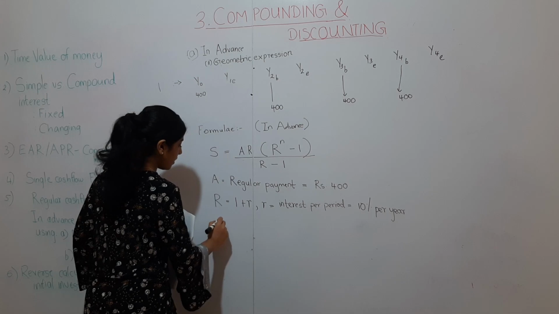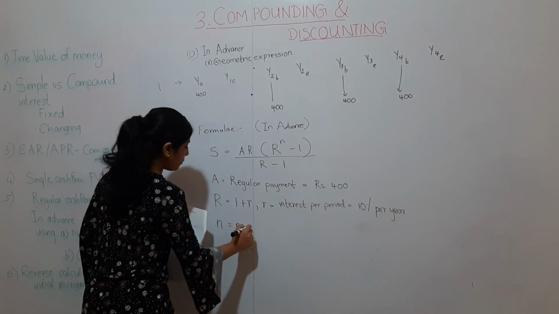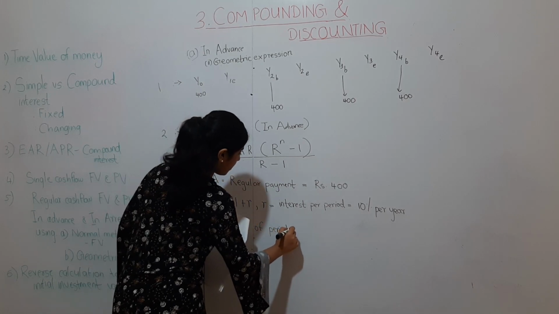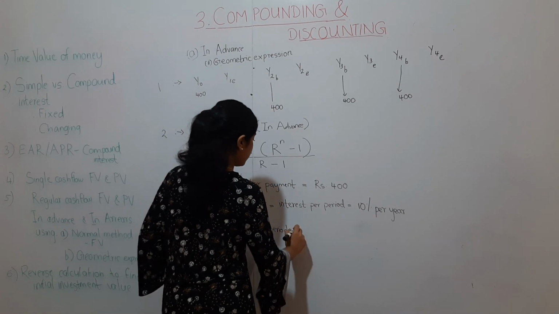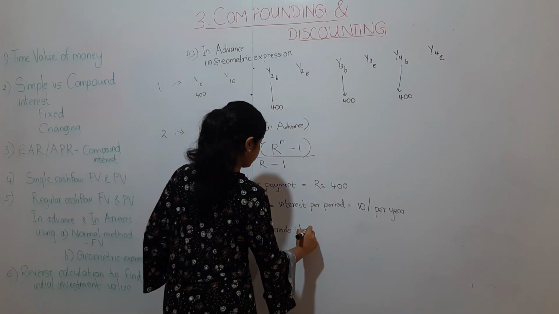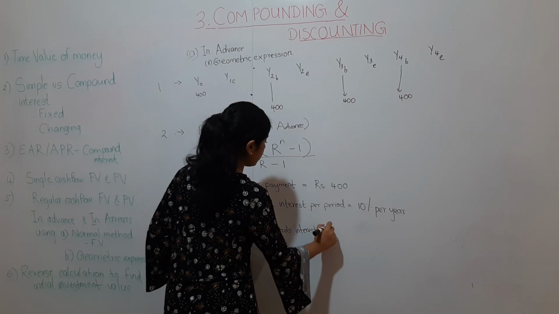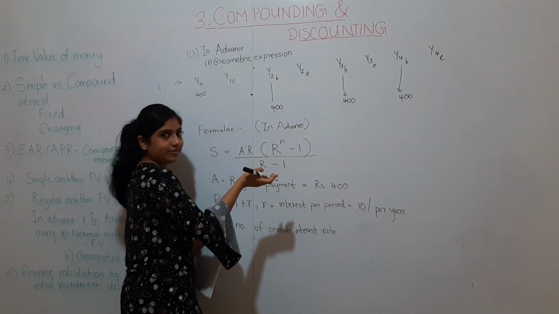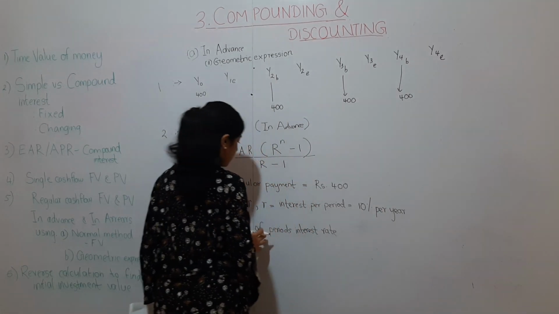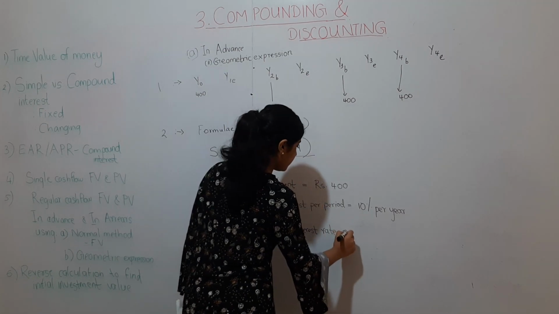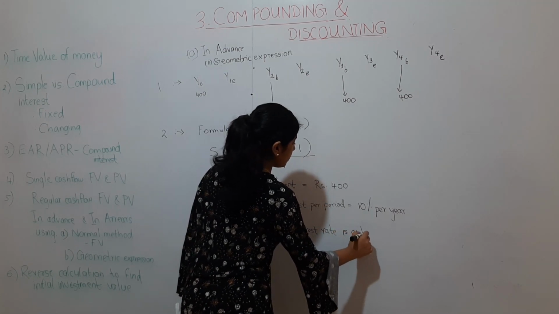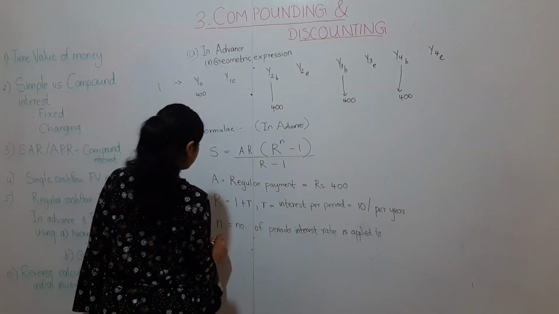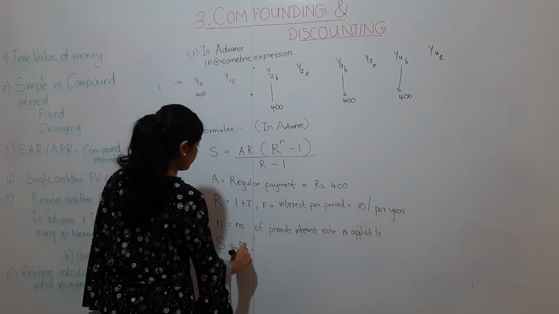Then N. What is N? Number of periods. Number of periods interest rate is applied to. If there is no interest, then there is no R. If there is no R, then there shouldn't be an N. So that's why they say number of periods interest rate is applied to. And S is for future value.